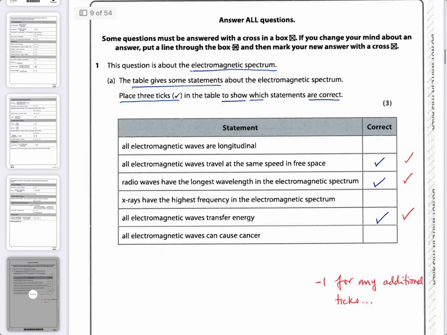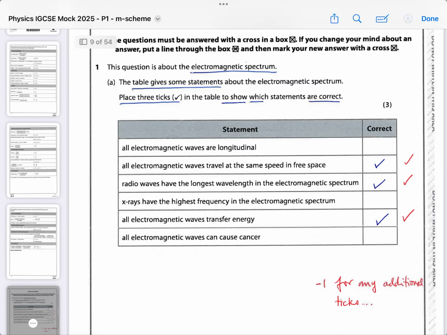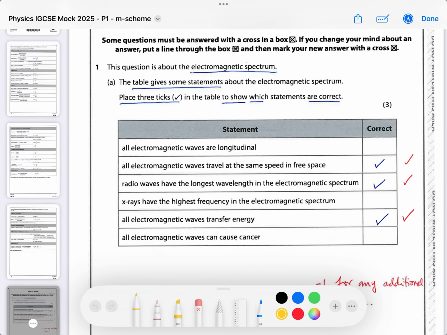Okay, so question 1 is about the electromagnetic spectrum, and they want you to look at the statements and place 3 ticks to show which statements are correct. You'll get -1 for any line that's incorrect.